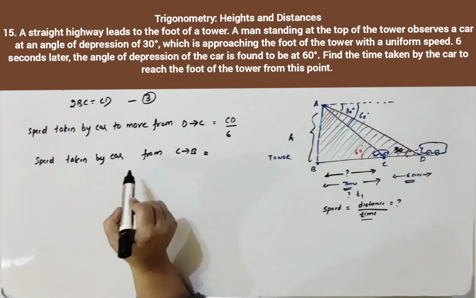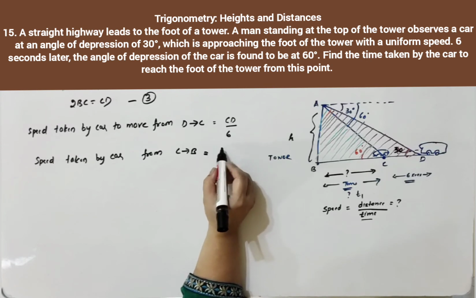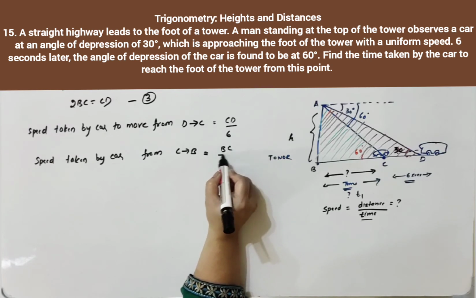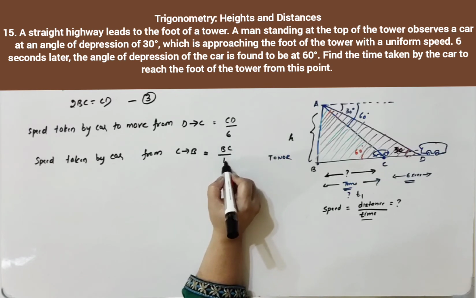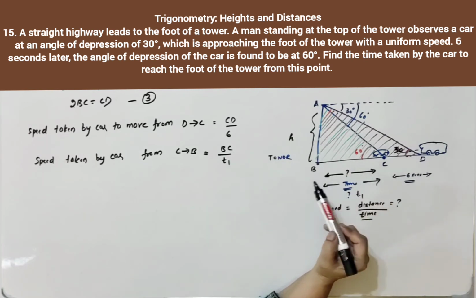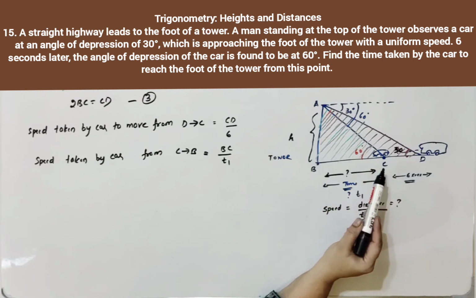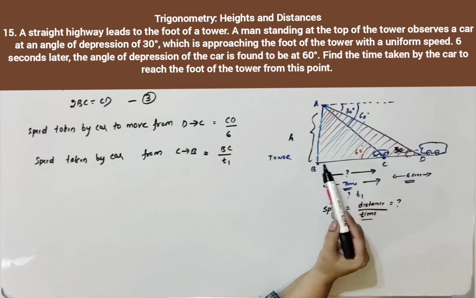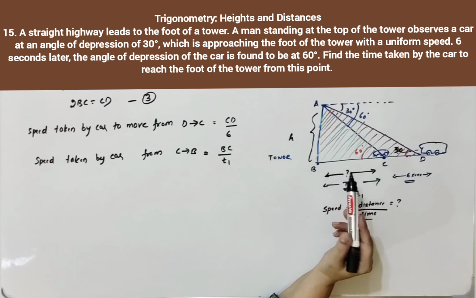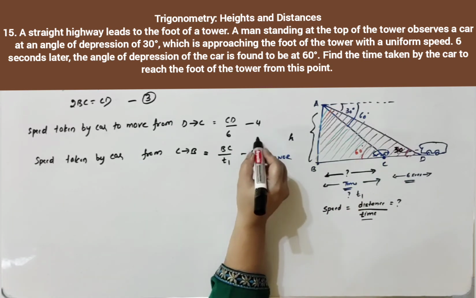Similarly, speed taken by the car to move from C to B, the distance is BC. Time we don't know, so it's T1. This is what we have to find out: T1, the time taken to travel from C to B, because B is the foot of the tower, and the time taken by the car to move from C to the foot of the tower is what we need to find out. So let's call this equation 4 and equation 5.